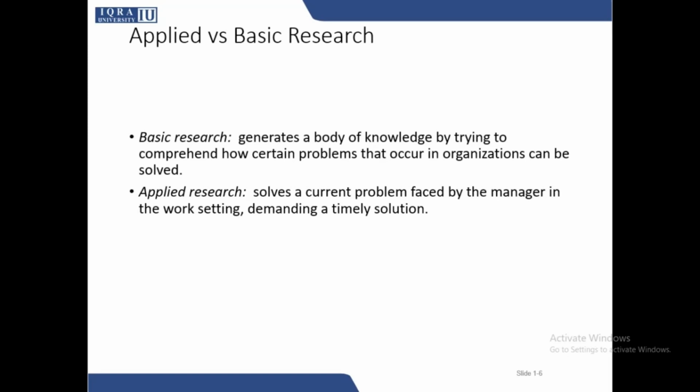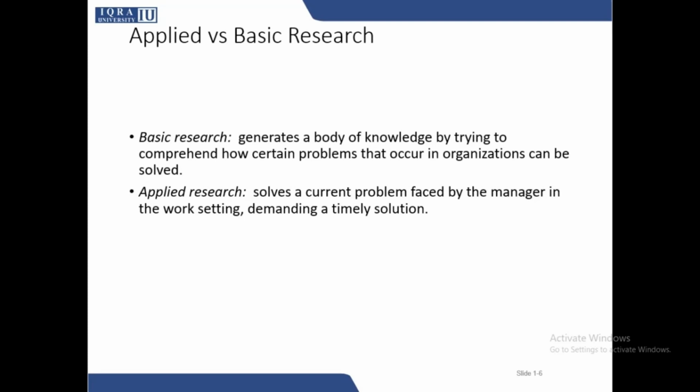On the other hand, applied research is important when we are dealing with a problem that is immediate in nature and we have to solve that problem at the same time. There is no flexibility of time in solving the problem, we have to solve it immediately. Applied research solves a current problem faced by the managers in the work setting, demanding a timely solution.